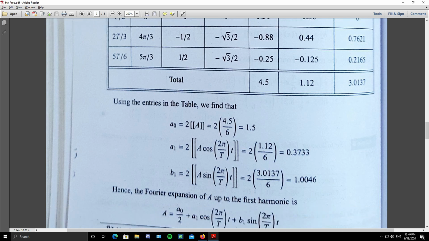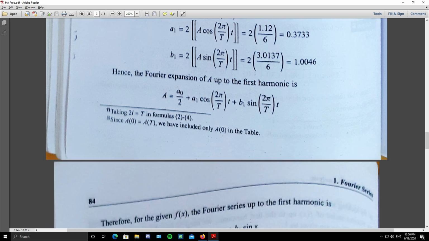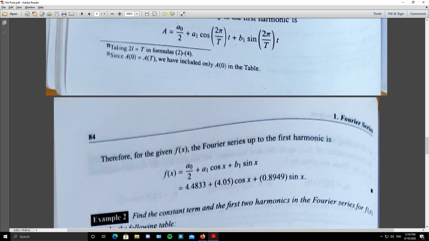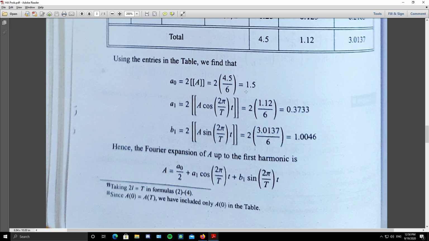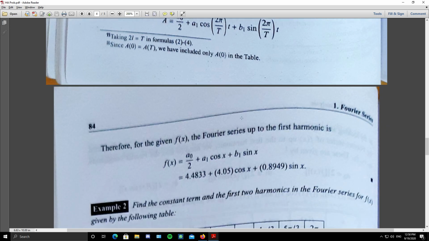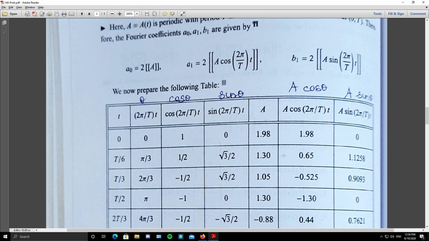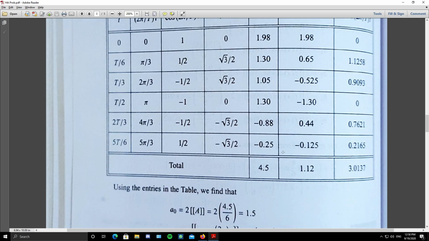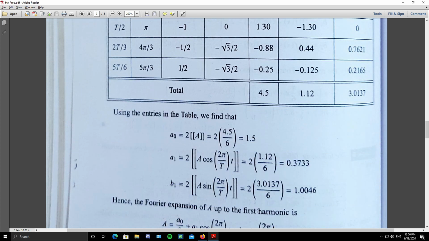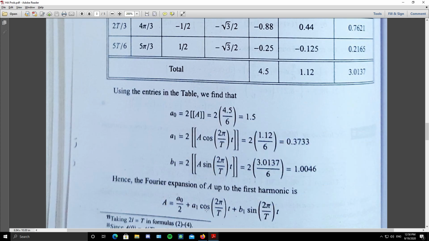So up to the first harmonic, it is a0 by 2, the constant term, plus a1 cos theta plus b1 sin theta. So substitute the values of a0, a1 and b1.